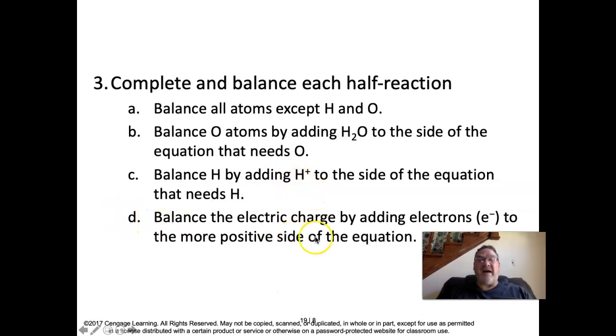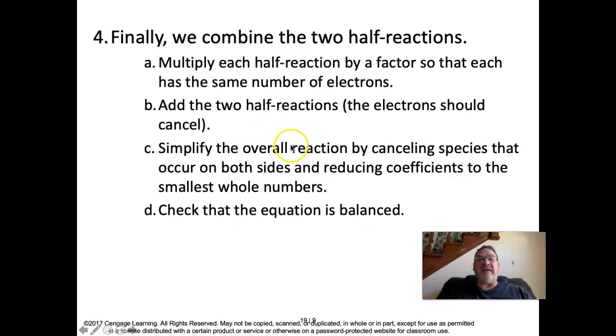And then this last step. In the half reactions, not only do all the atoms have to be balanced, but the overall charge has to be balanced. So we add electrons. And in this step, pay attention to the coefficients that you have in there, because that varies with the charge. And then the combination. And in the combination, we want those electrons to cancel out. And you're going to see that in the examples for this.